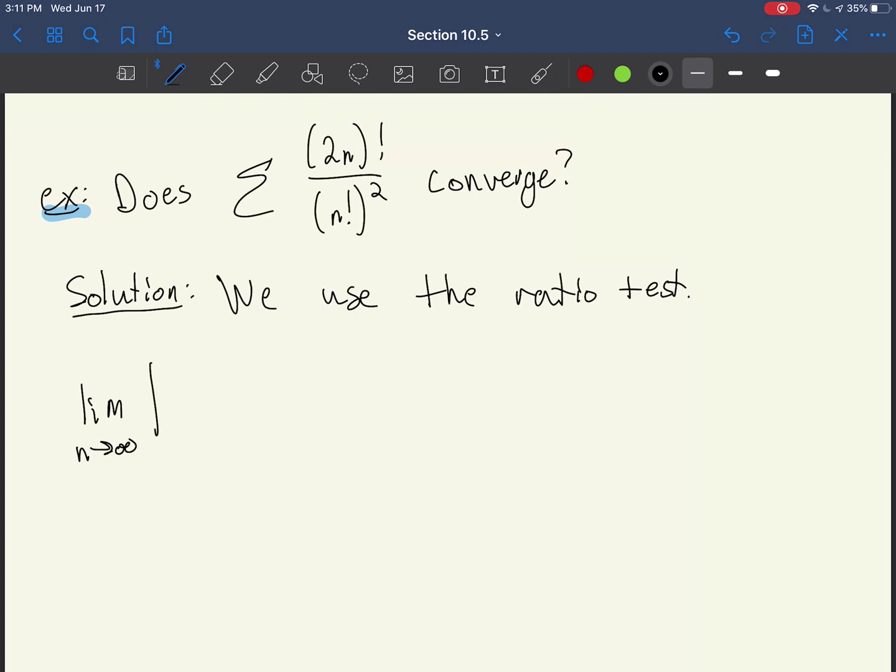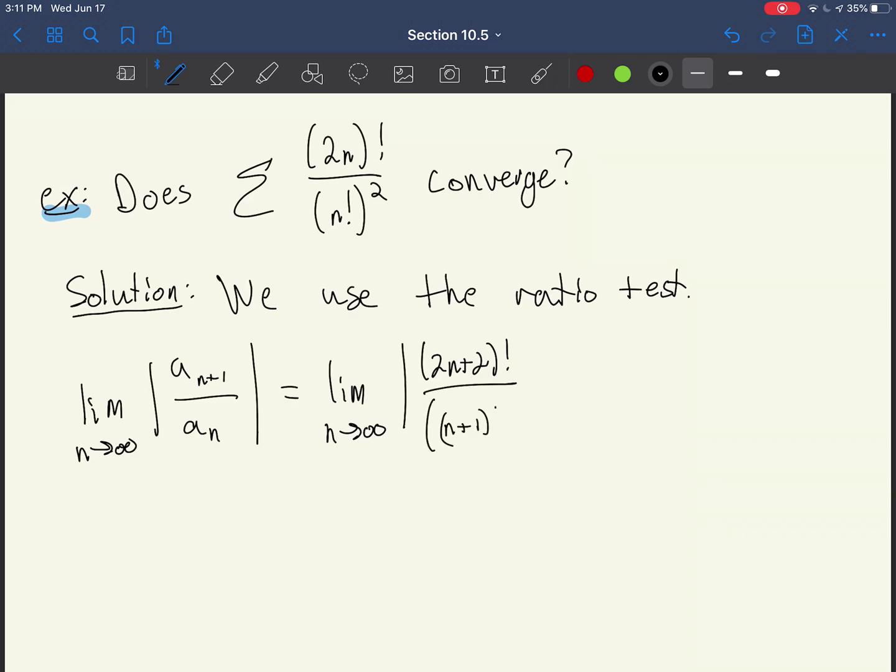So we have the limit as n goes to infinity of the absolute value of a sub n plus 1 divided by a sub n. And that is the limit as n goes to infinity of the absolute value of 2n plus 2 factorial divided by n plus 1 factorial squared, times the reciprocal, n factorial squared divided by 2n factorial.